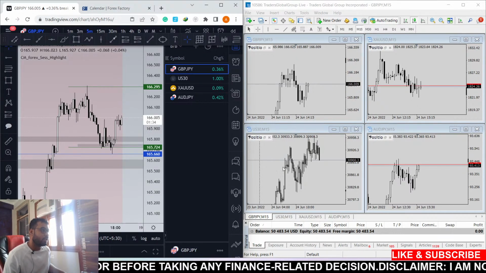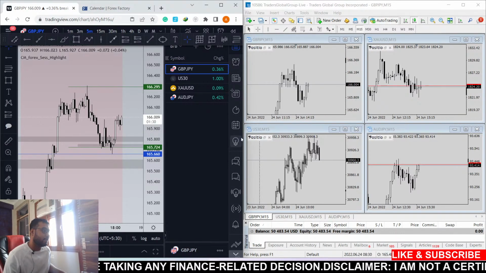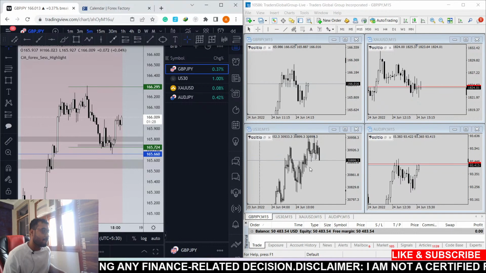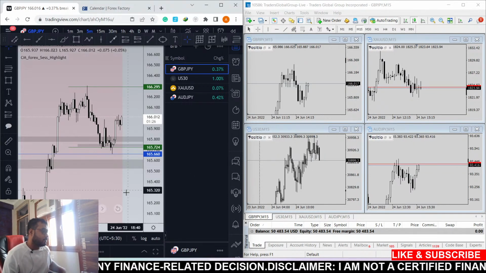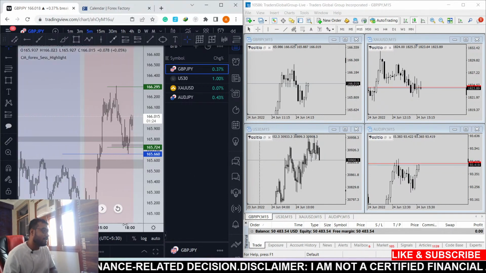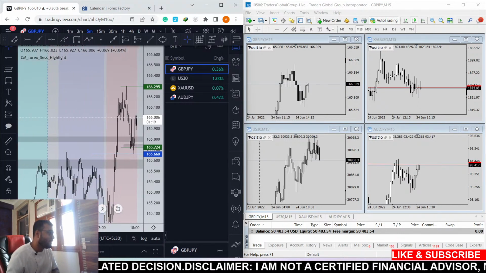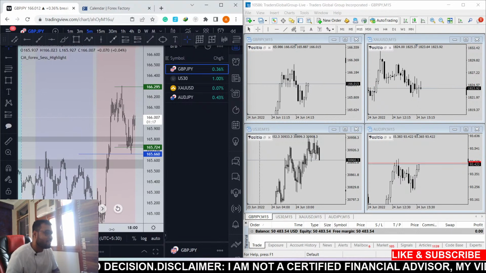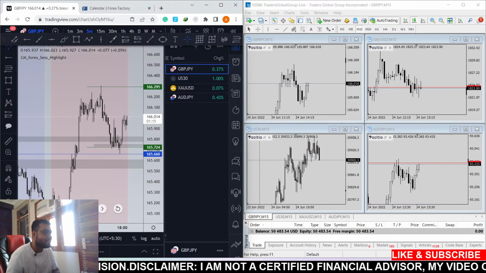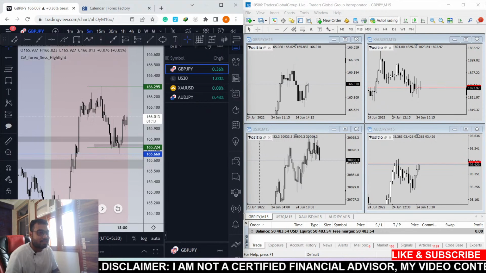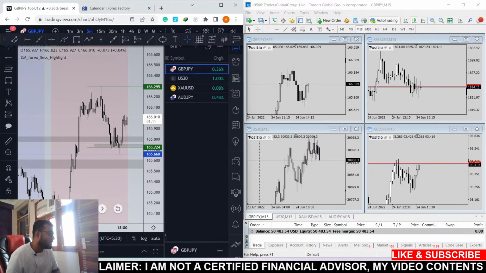Right now, two setups are forming. One in GJ, another in US 30. You guys tell me which trade I should take and which trade I should not, because two trades is a good idea.